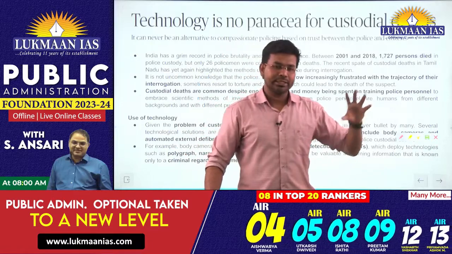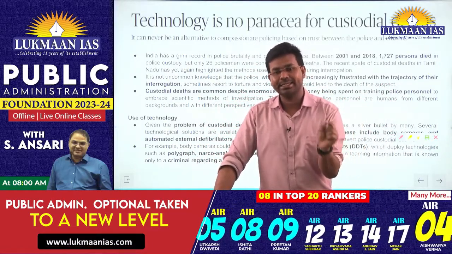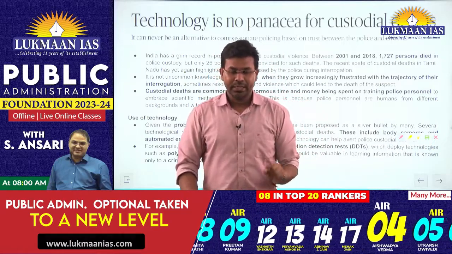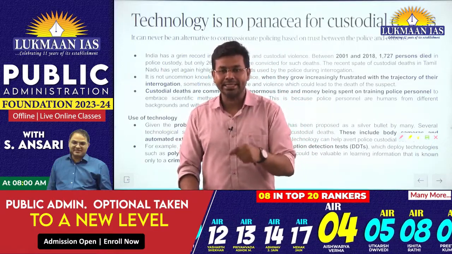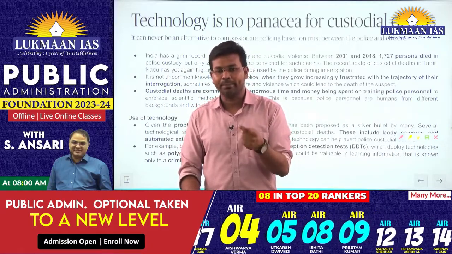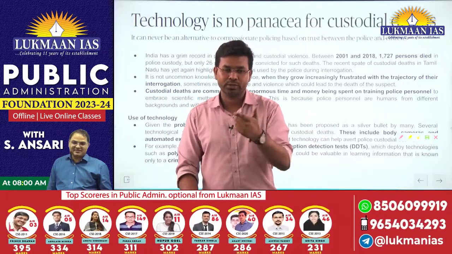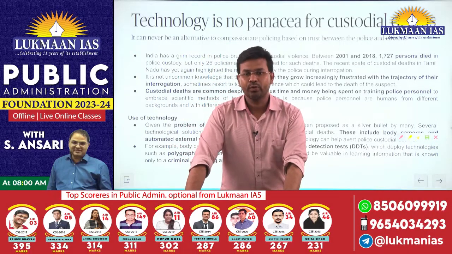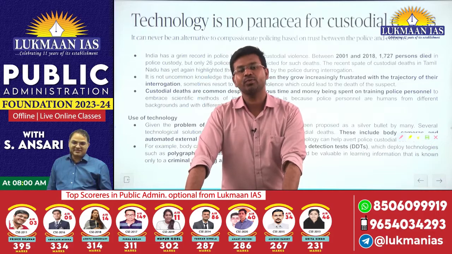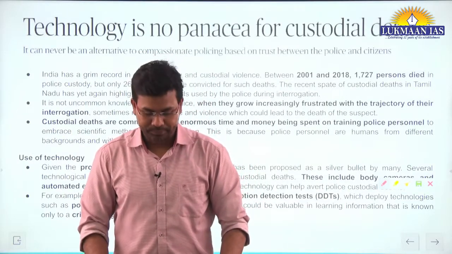Apart from technology, another area is sensitizing the police personnel. If we train them adequately to be empathetic, to show some kind of human values towards those suspects, then we can sufficiently reduce custodial deaths year on year.